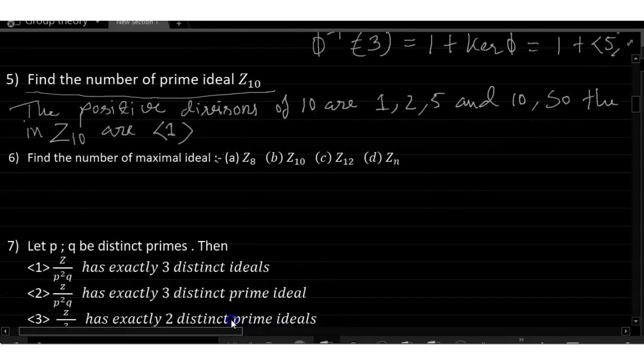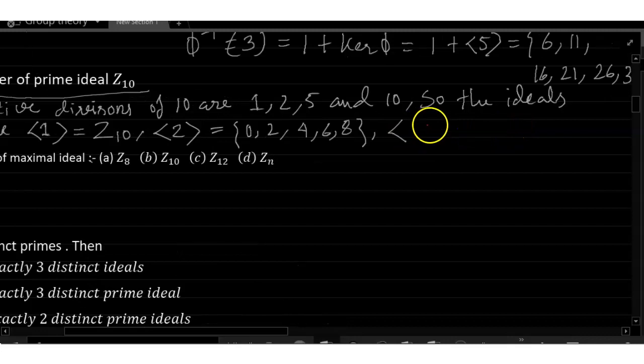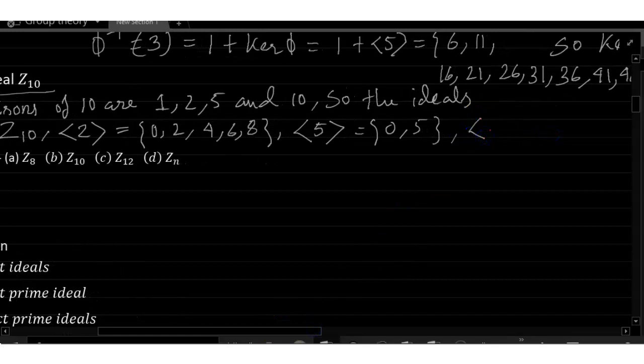So the ideals in Z10 are: the ideal generated by 1, which is Z10; the ideal generated by 2, which equals 0, 2, 4, 6, 8; the ideal generated by 5, which equals 0, 5; and the ideal generated by 10, which equals 0.